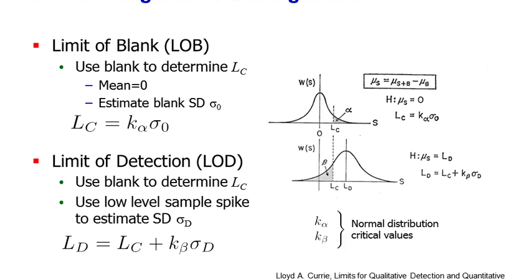So now the limit of detection is saying, okay, if something is above the critical limit, then there is some small probability that it is a false positive. Let's say we're close to 0 probability that it's a false positive. But when you actually have a sample at a specific level, that is the lower distribution here, it's possible that these two distributions could overlap, depending on how far apart the means of the distributions are.